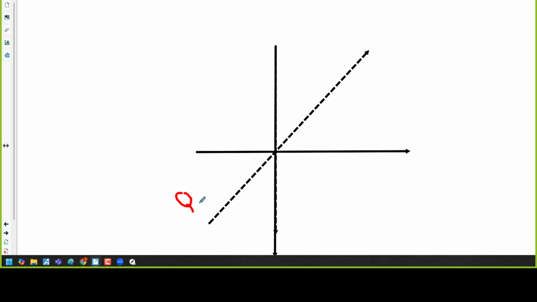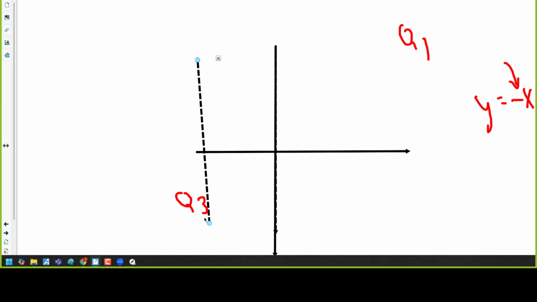And it goes from quadrant 3 to quadrant 1, straight across. Now, if I were to add y equals negative x, change the leading coefficient to negative, what would happen to the graph? That's what would happen. It would kind of flip. And now this is from quadrant 2 to quadrant 4.